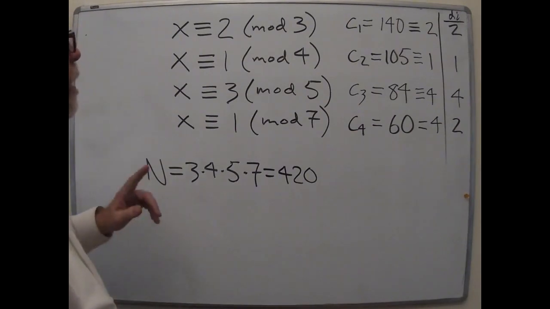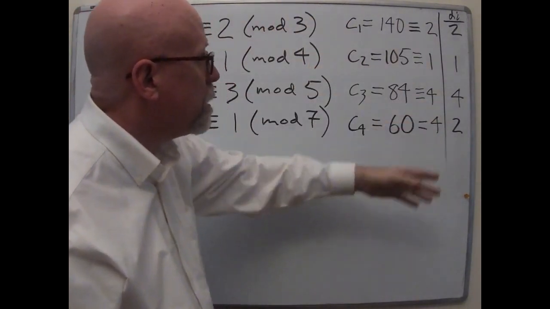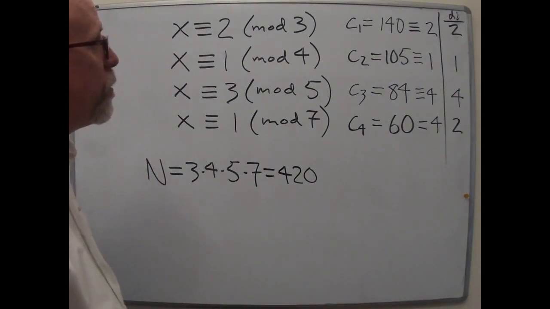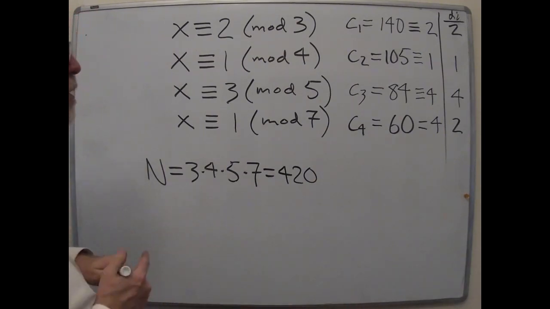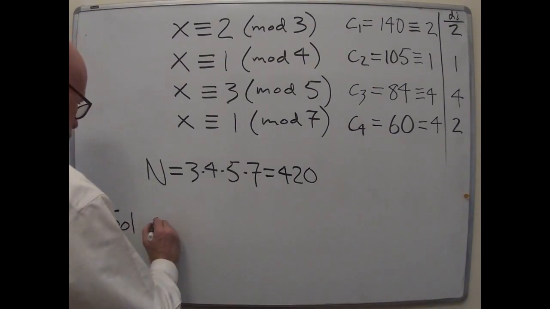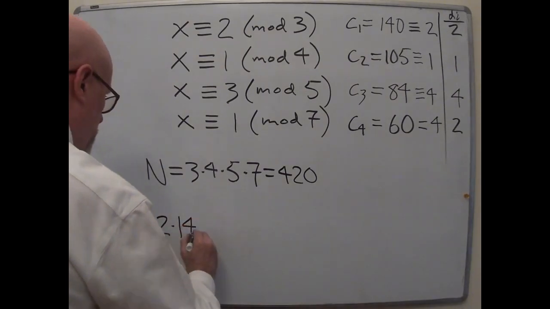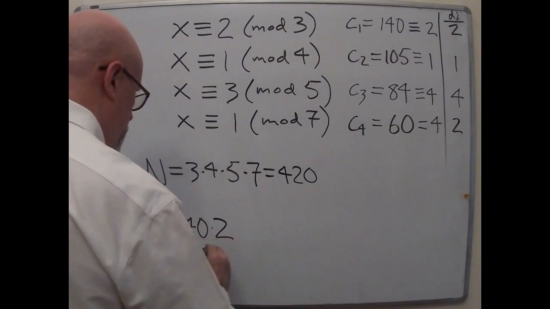All right, so we have the A's, the C's, and the D's. Let's see if we can write down that sum of products that gives us the answer. A1 is 2, so 2. C1 is 140, and its modular inverse is 2, mod 3.